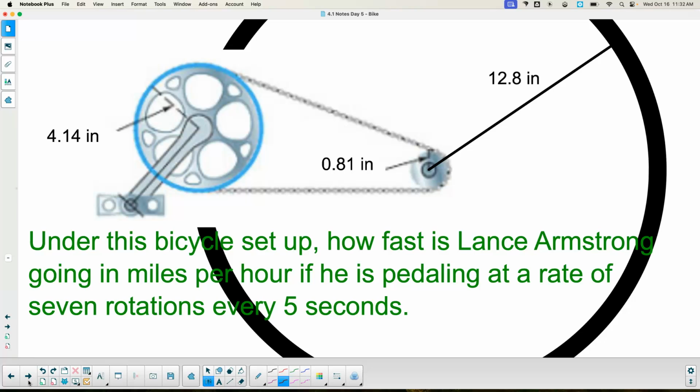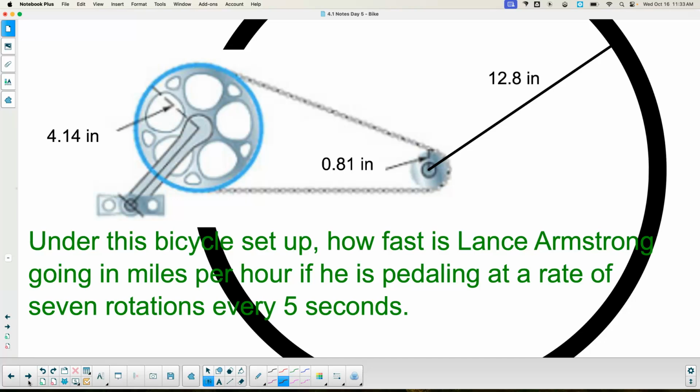Okay? So the pedals are going around at 7 rotations every 5 seconds. What's actually touching the road? You got the brake. Right here is touching the road, right?